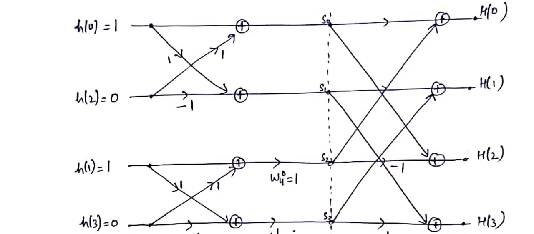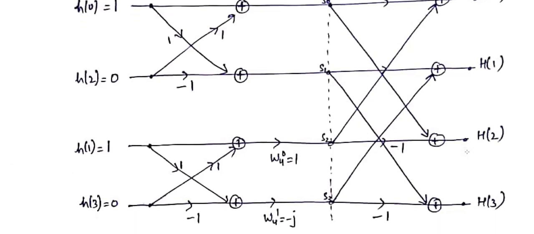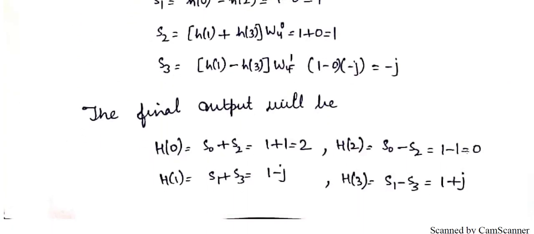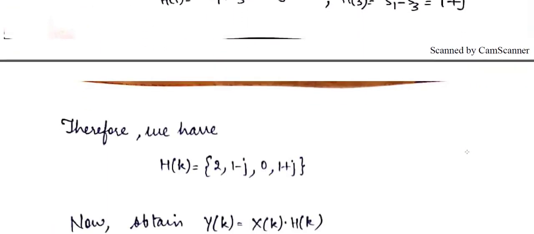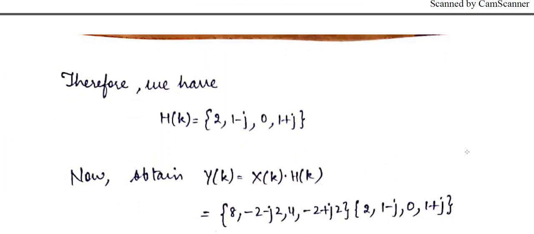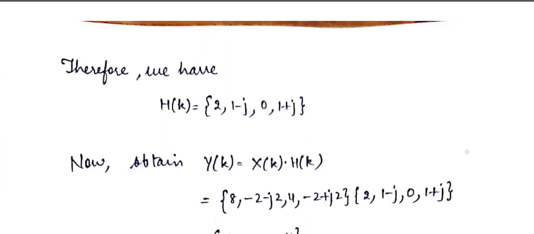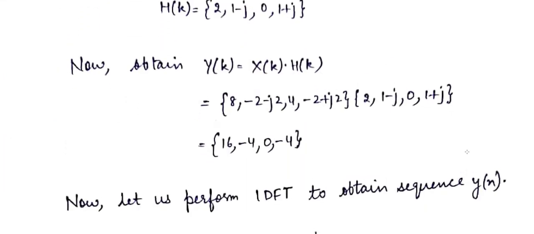So after getting XK and HK, what is the next step? We have to find YK. And how will you find YK? By multiplication of these two factors. You will multiply these H values with the X values to obtain YK, where YK is XK times HK. Again it is point to point multiplication you have to perform.